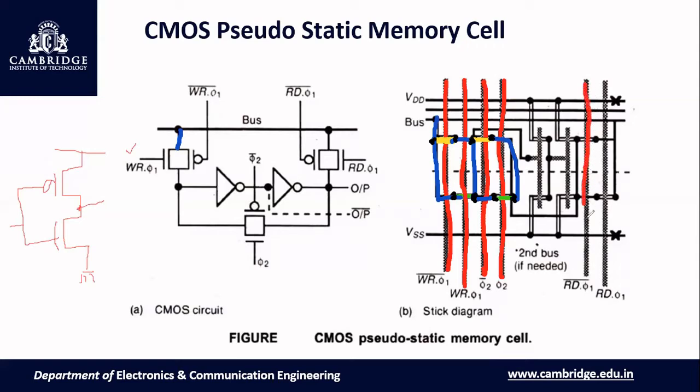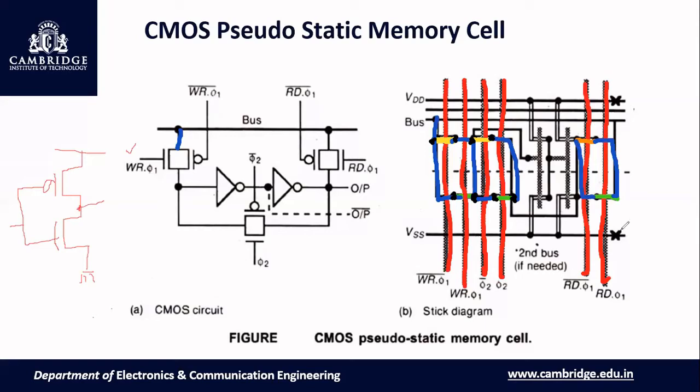First we'll draw poly. Then we'll draw diffusion. N plus diffusion for NMOS, P plus diffusion for PMOS. Right? And since they should be connected in parallel, you just connect in parallel. That's it.